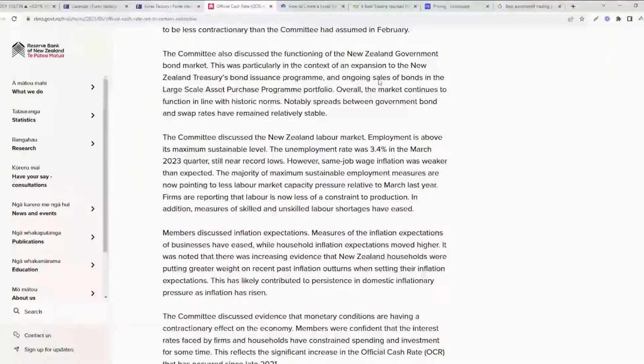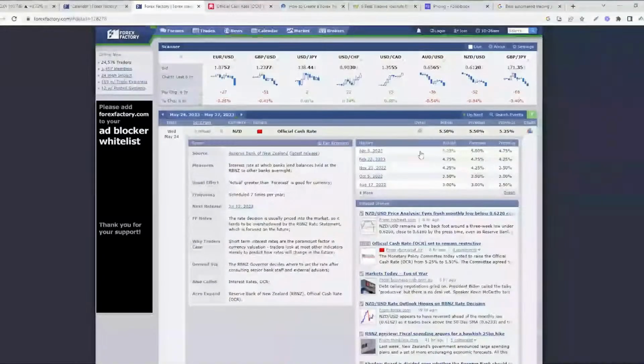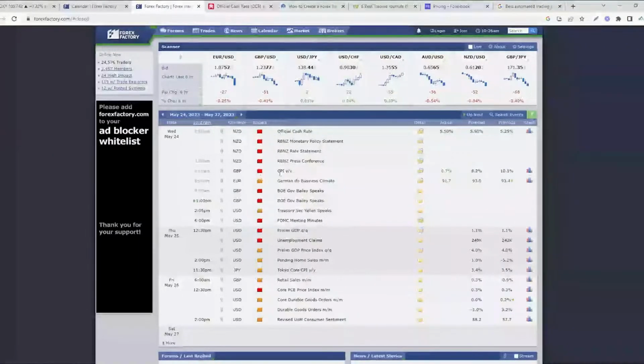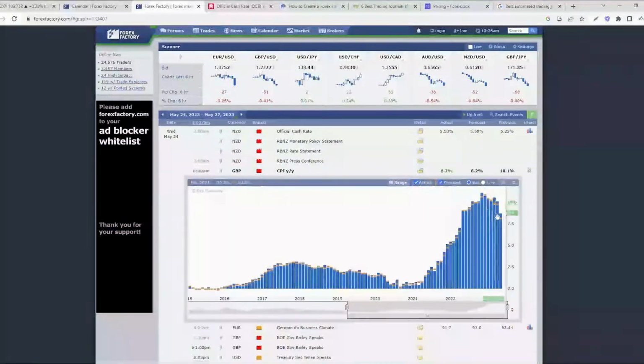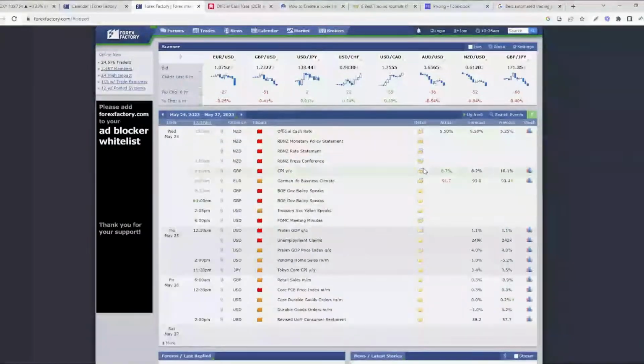Similarly for other data points, like we had UK inflation earlier today at 6 a.m. GMT, where CPI on an annualized basis has continued to fall, but I believe core CPI is rising.